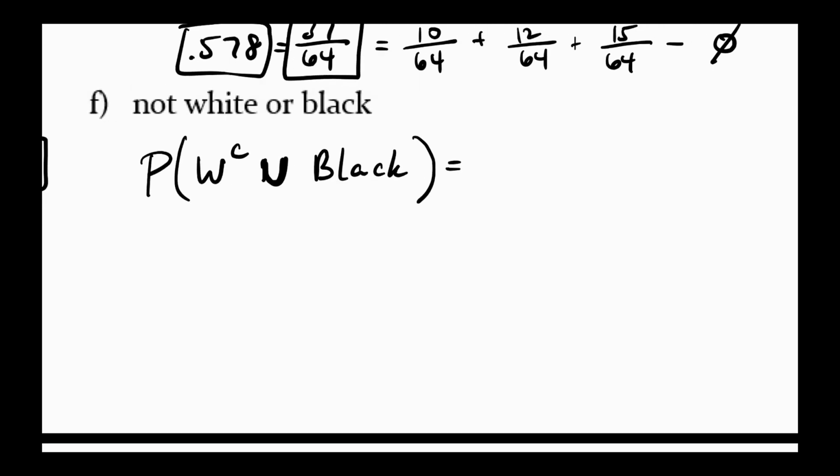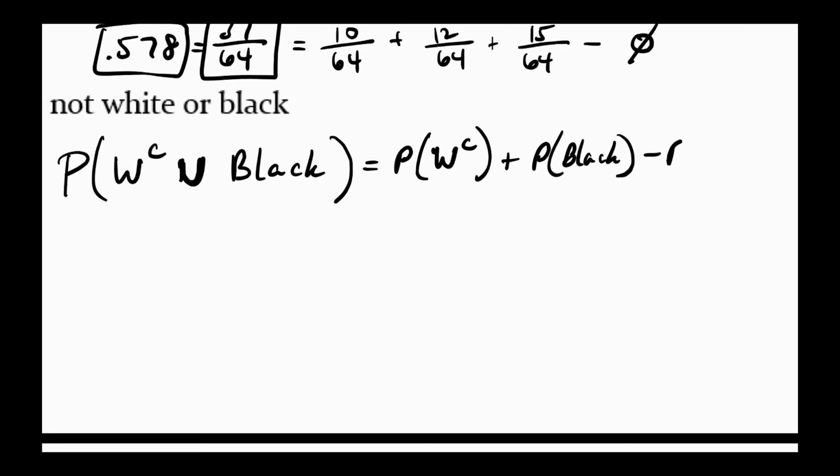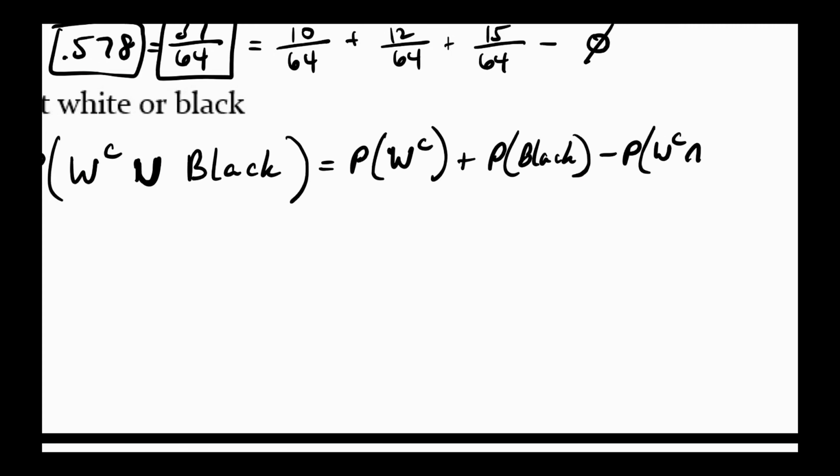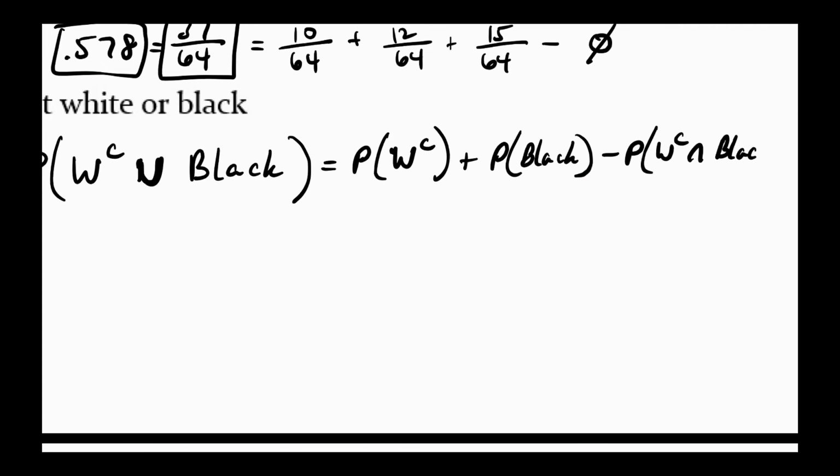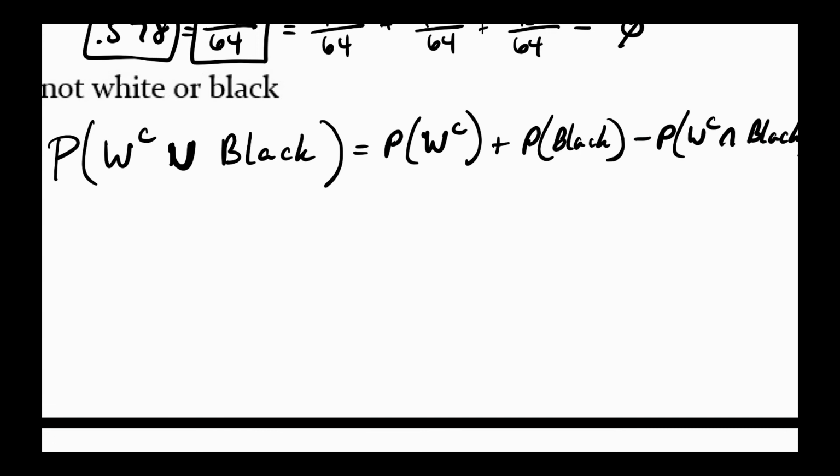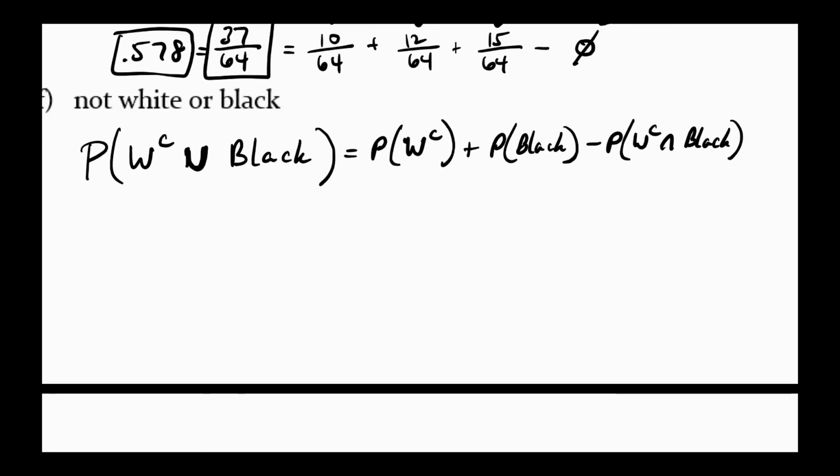So that's going to be the same as the probability of not white, which we already know, plus the probability of black minus the probability of both of them. Well, we just did this one.